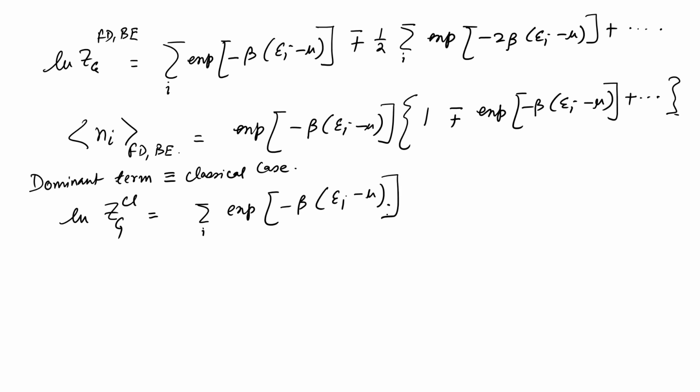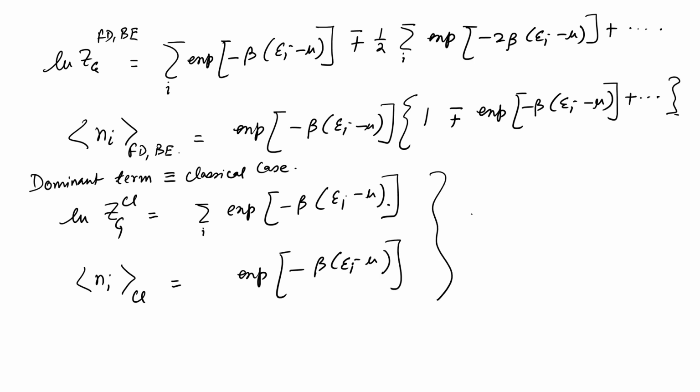That is the classical, we know that, and this Ni classical again is equal to the exponential minus beta epsilon i minus mu, and you know that these are nothing but coming from the MB distribution. Everything makes sense: at very small fugacity, when the exponential beta mu is much smaller than 1, you can do this expansion of the logarithms, and these give you these expressions for the classical case or the Maxwell-Boltzmann case. Okay.